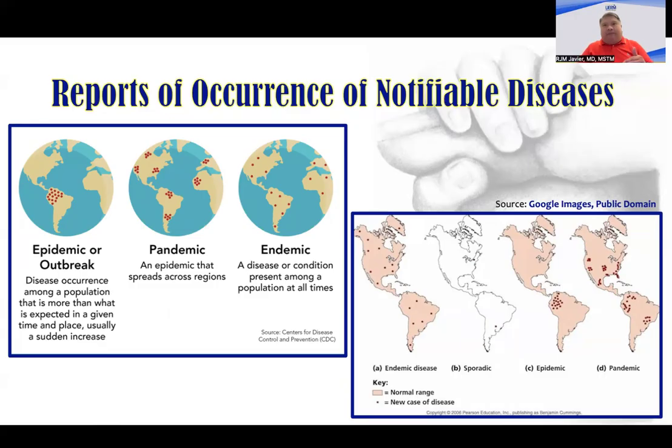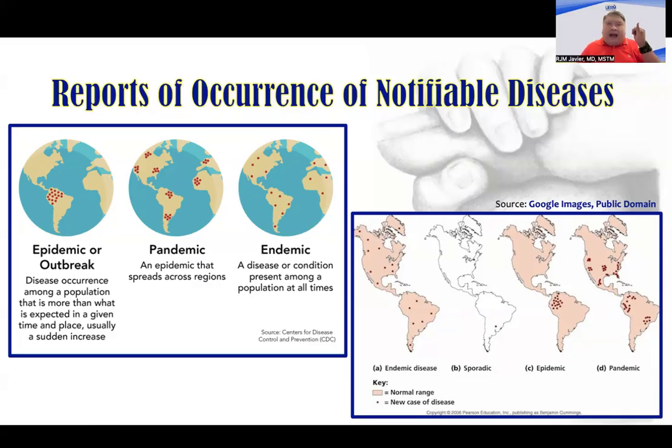Let's say, for example, Metro Manila has a normal incidence rate of dengue of, let's say, 500 cases in a month. So for example, 500 cases every January. And then in 2023, you had 450. In 2024, you have 400.